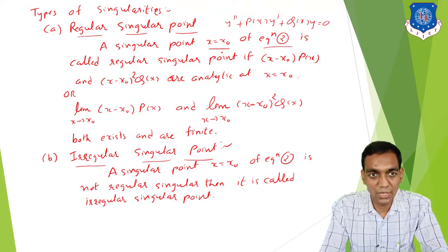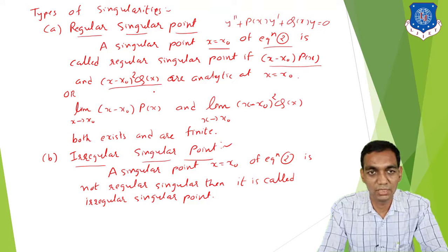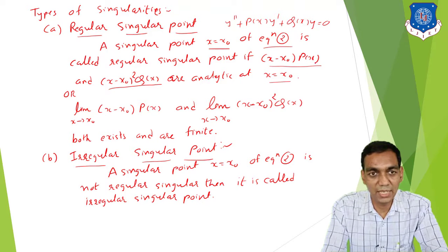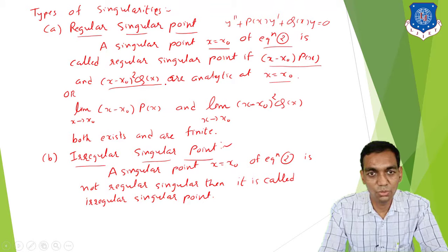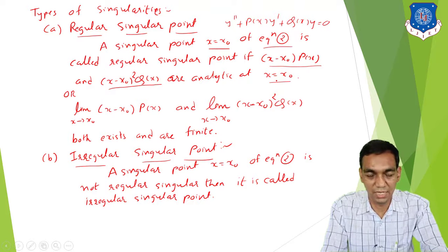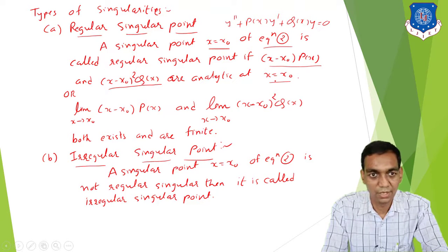But that singular point is said to be a regular singular point if (x minus x0) into p(x) and (x minus x0) whole square into q(x) are both analytic at the point x equal to x0. That means both have a Taylor series at x equal to x0.